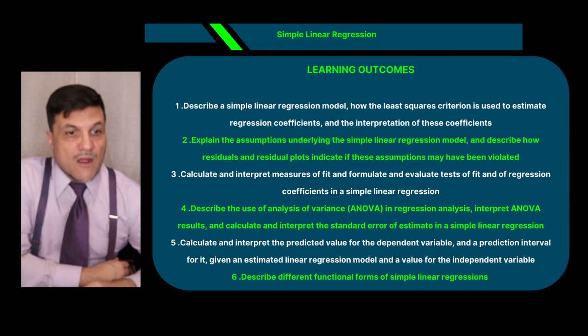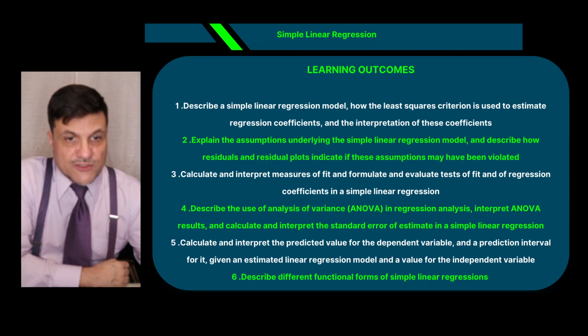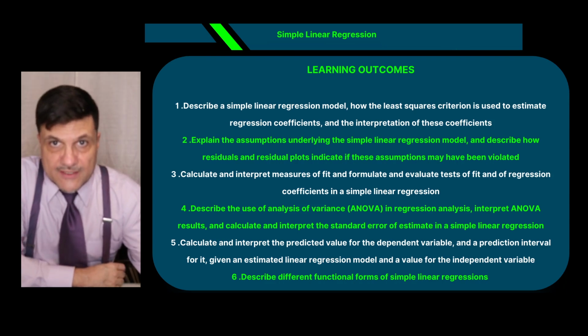Next, evaluate test of fit of regression coefficient in a simple regression. I'm going to show that to you. It follows the same line. Describe the ANOVA table. Look at that.